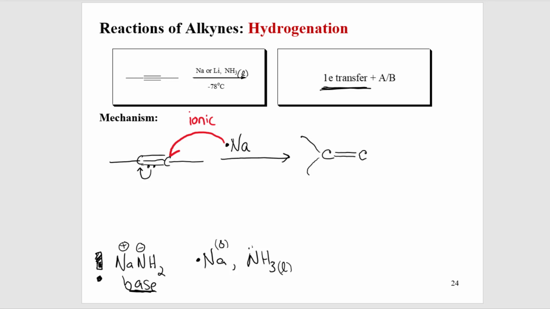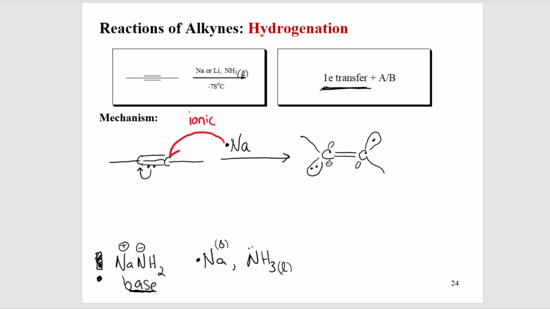And I now have an orbital with a lone pair in it. That makes the carbon negative, right? This carbon is now negative. And the carbon that gained the radical is over on the right. So I have one p orbital that has a lone pair and the other p orbital has the radical.